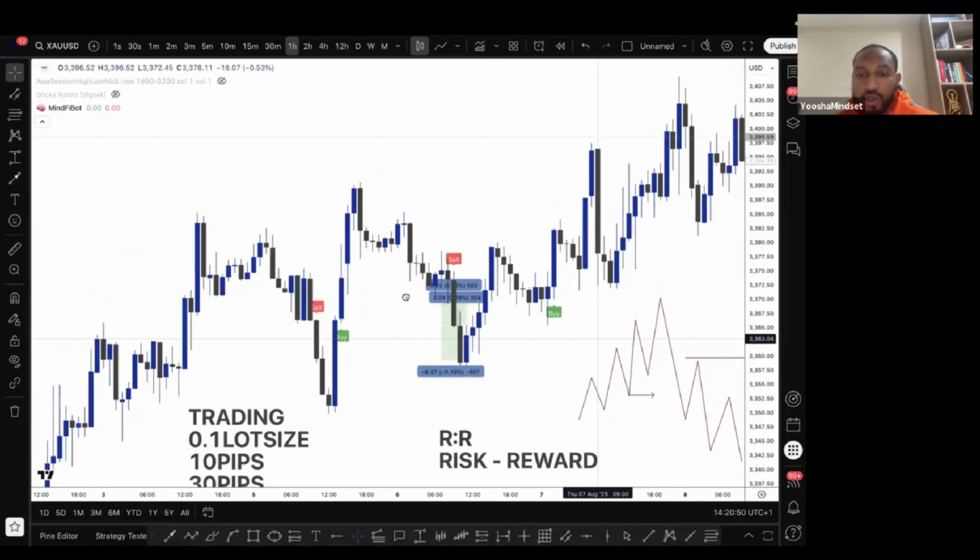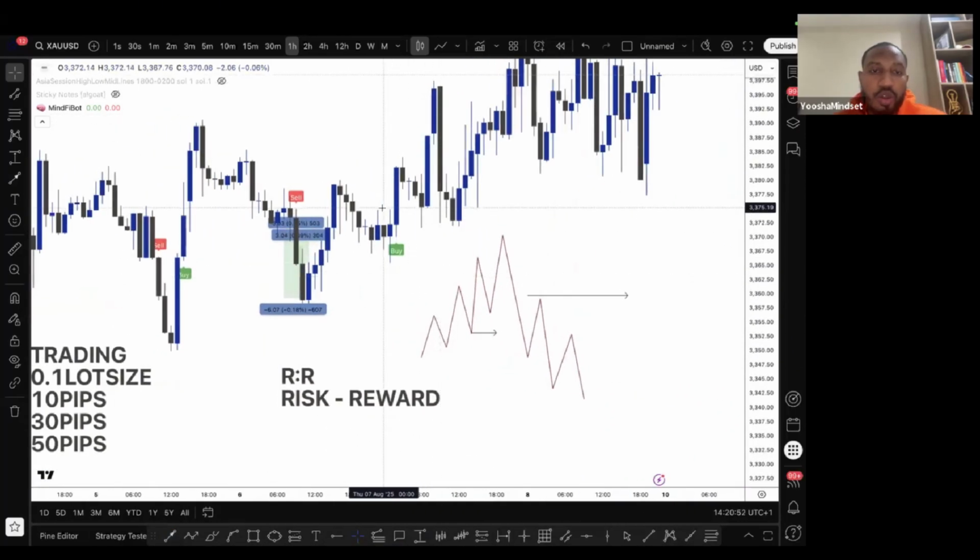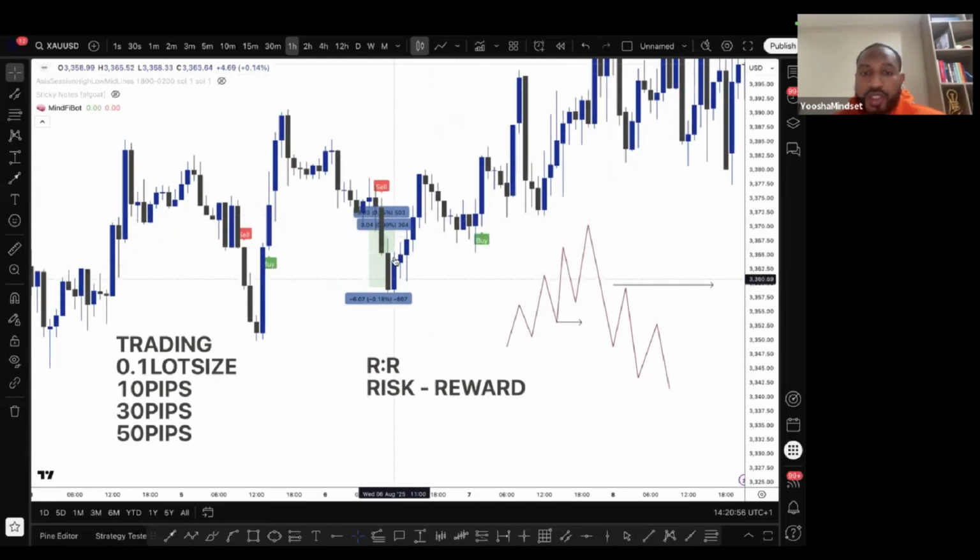That is what structure simply means. So the disadvantage of this first system, using just risk to reward, is that sometimes your stop loss might not reach beyond that structure, and that trade might still be valid. It might just pull back beyond what you're risking.